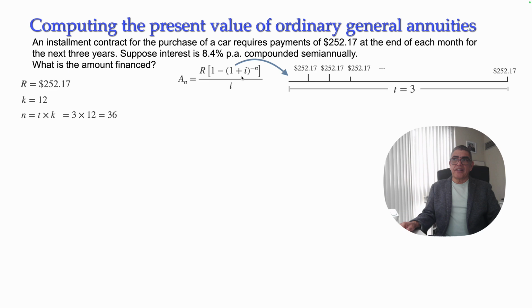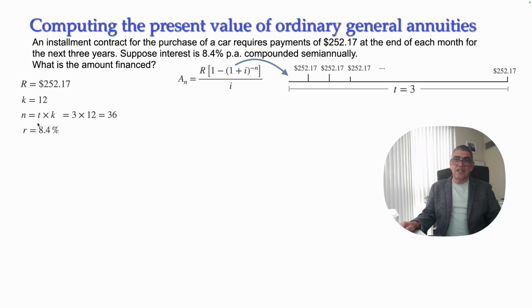But this periodic rate of interest needs to be monthly. However, what we have here is the interest compounded semi-annually. So the nominal rate of interest, r, is 8.4% per year, and this is compounded semi-annually.